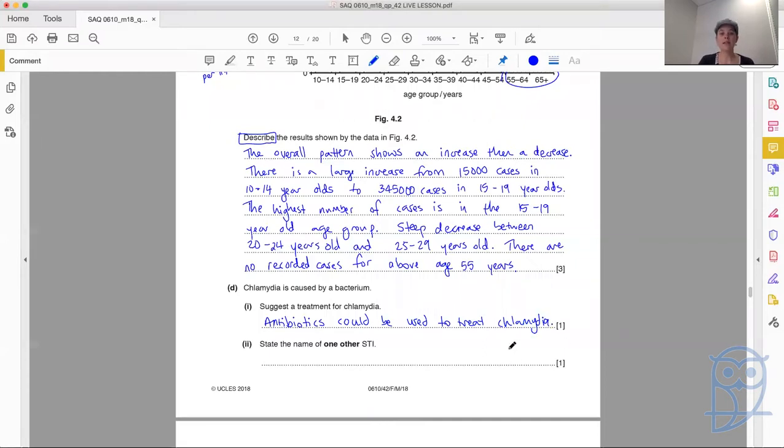And then state the name of one other STI, just one. So if you give more, you're not following instructions. The instruction is one. So the other big one, of course, would be HIV, a major STI that is included in your syllabus. So one that you are expected to be familiar with.